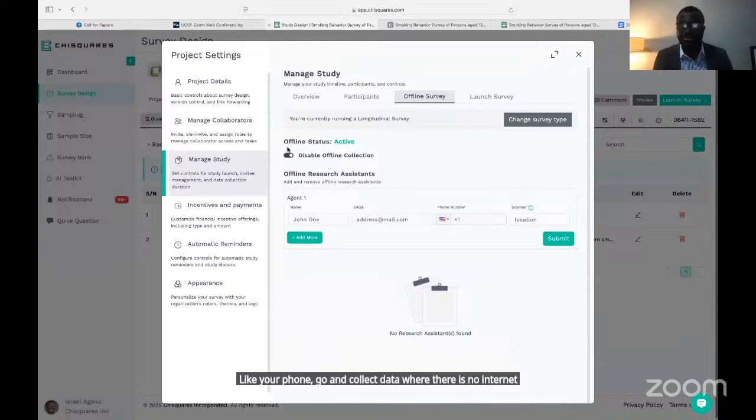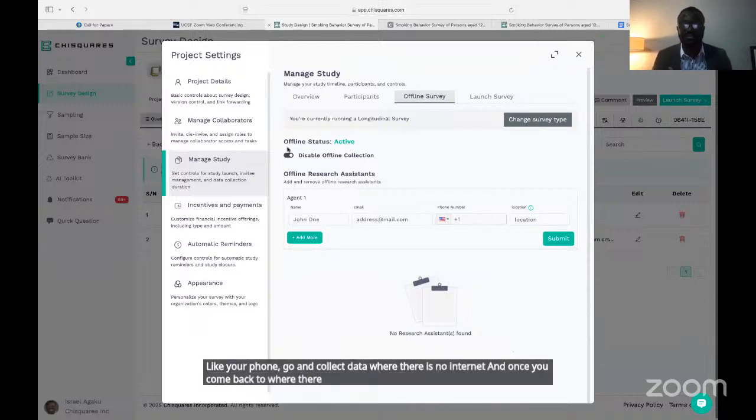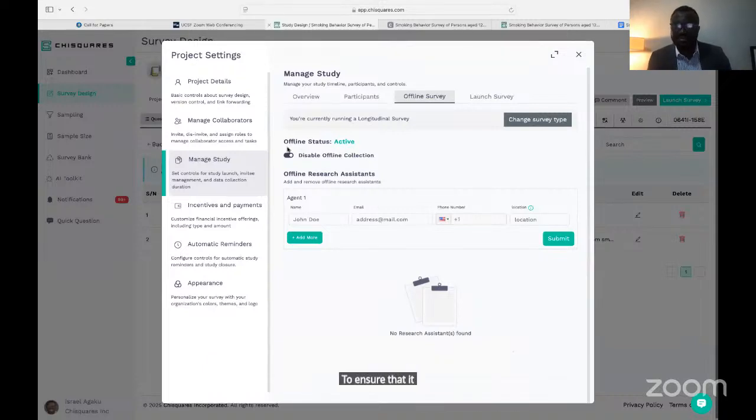Once you come back to where there is internet, the platform will automatically upload the data to the cloud. So there are quite a lot of mechanisms built into the system to provide support for a very broad range of use cases. I hope that answers your questions.